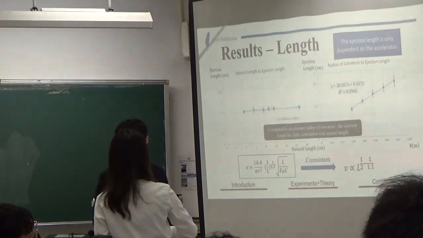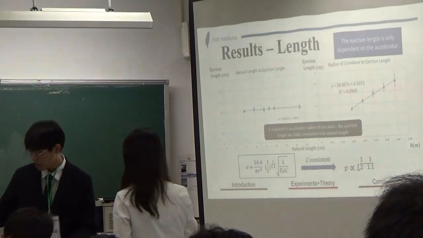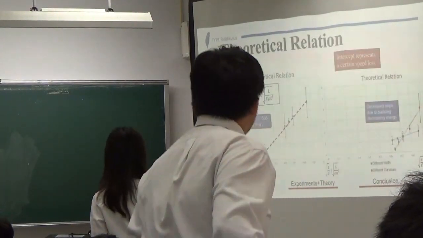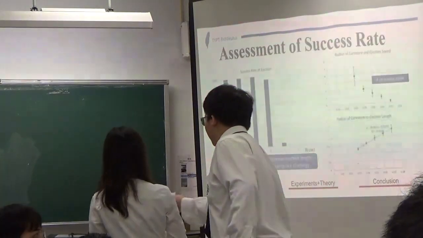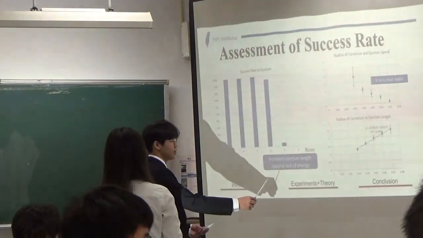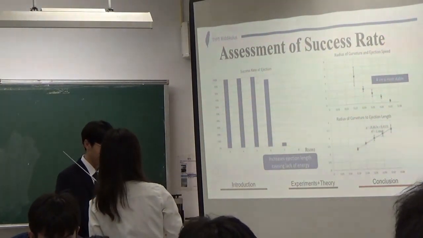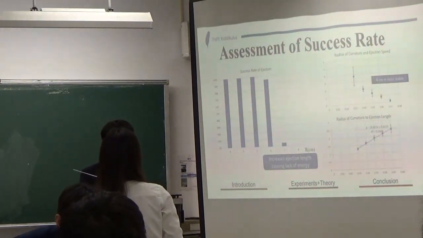Have you observed this? I'm not observing this phenomenon, but we have a success rate for this experiment. And if the success rate decreases, then that means it fractures before the spaghetti ejects.